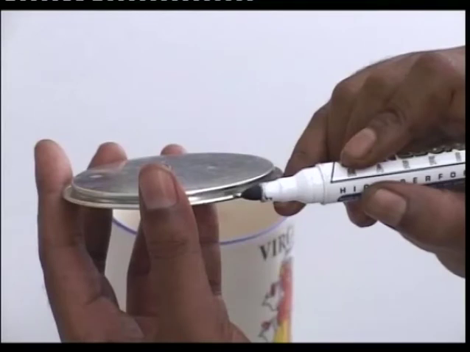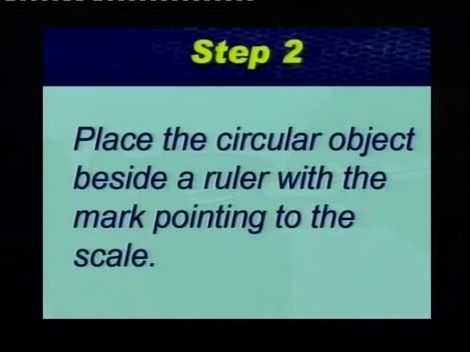Once you have put a mark on the circumference of the circular object, the next step is to place the circular object beside a ruler, with the mark pointing to the scale.